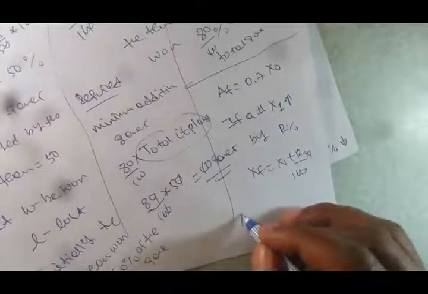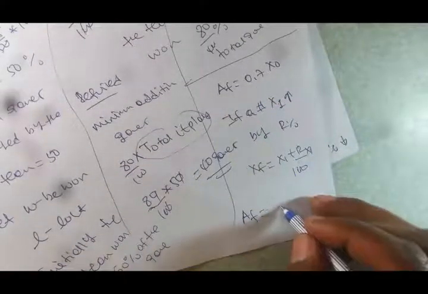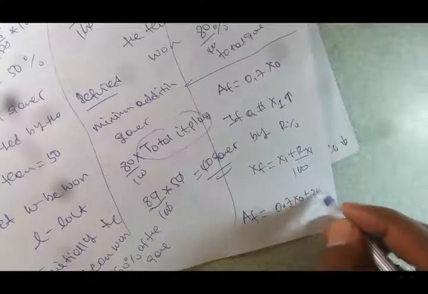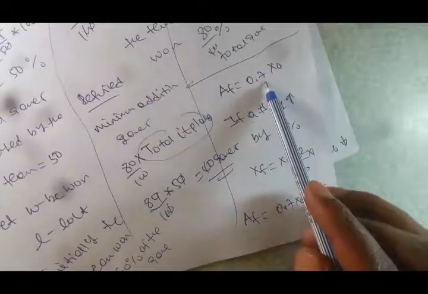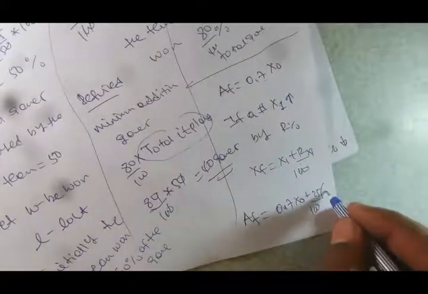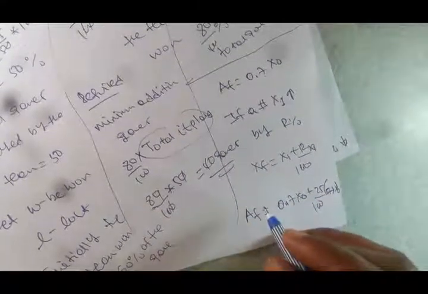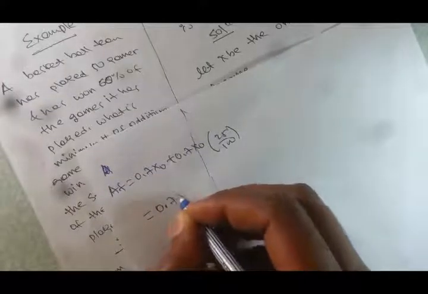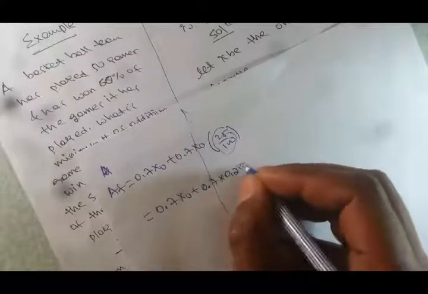Therefore our a final will be, our income was 0.7 xo plus 25 over 100 of the income after we lost 13%, 0.7 xo. This can be written as 0.7 xo plus 0.7 times 0.25 times xo.